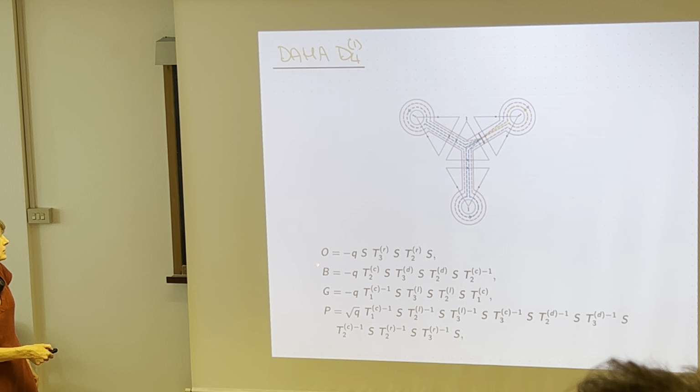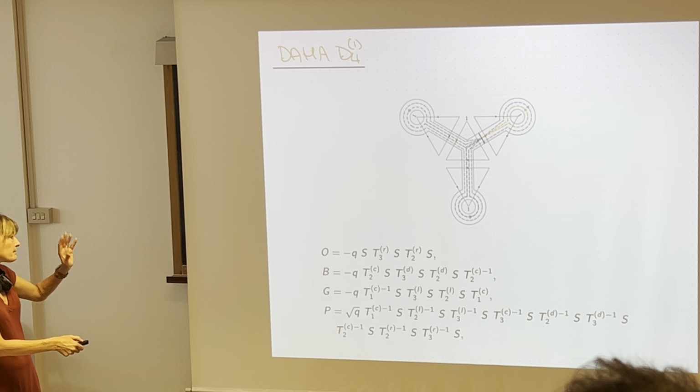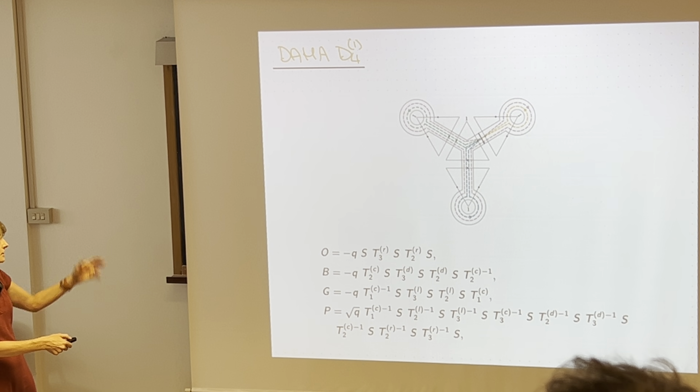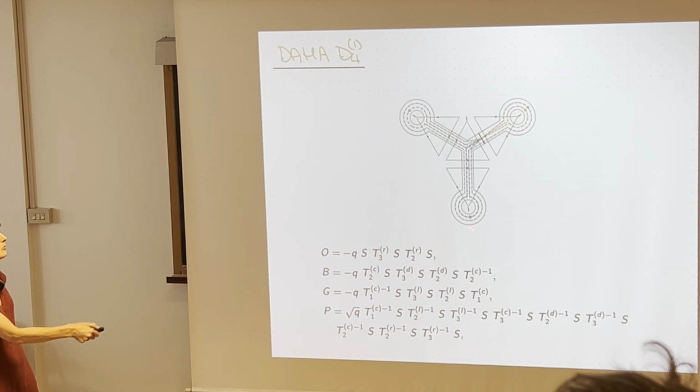They are color coordinated: O for orange, B for blue, G for green, and pink for the one which goes around everybody. As you can see, they are products of these T's. There is some S matrix that just reverses the orientation. But we have a right triangle, a central triangle, a down triangle, and a left triangle.